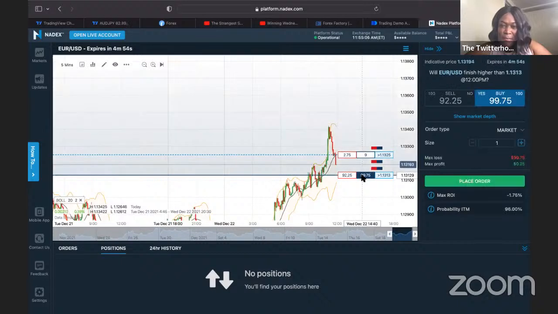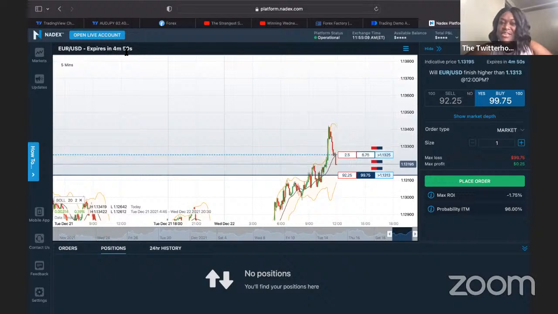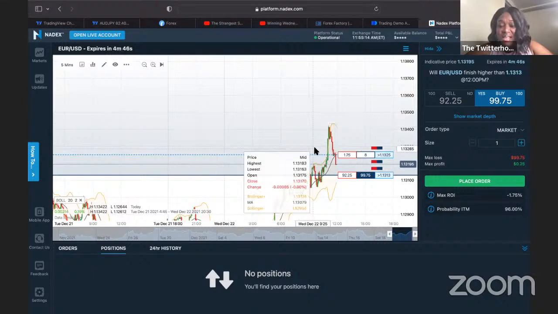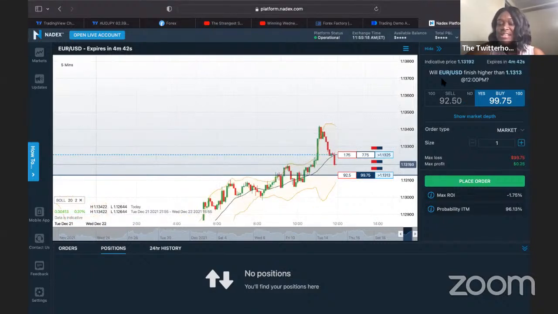Price is changing. Expires in 4 minutes and 51 seconds. So at any point, you can decide to get in. And you're just gonna answer the question: will Euro USD finish higher than 1.1313 at 12 noon? Will it finish higher?